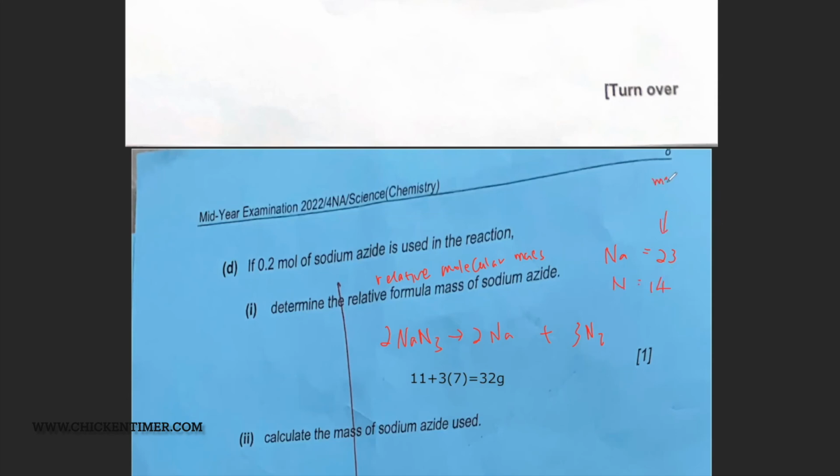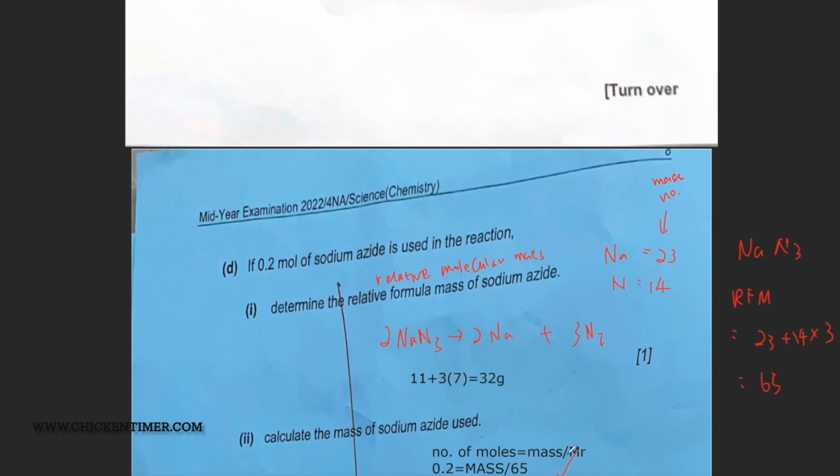Sodium azide is NaN3, so the relative formula mass is 23 plus 14 times 3, which is 65. Then the number of moles is mass over molar mass, so it's 0.2 grams over 65.